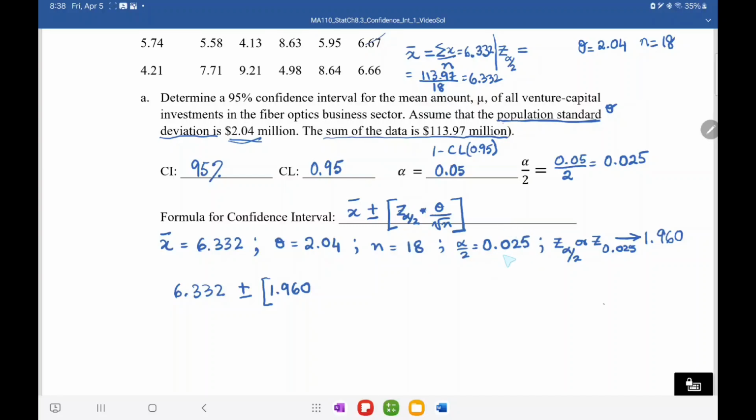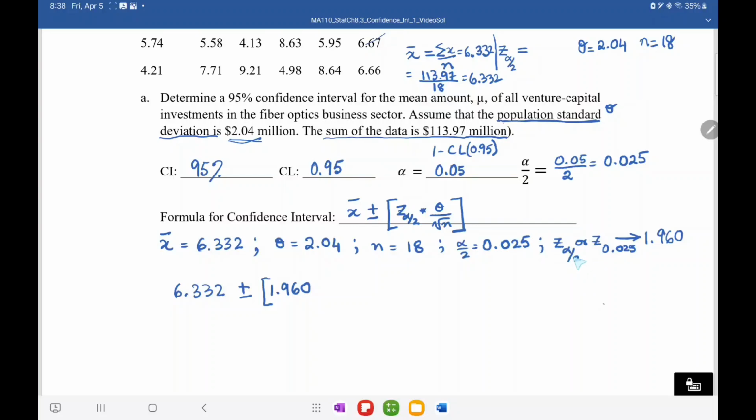Please note that the formula has z of alpha by 2 and not just alpha by 2. If you're using 0.025, then you will get a completely wrong answer. You're not plugging in the right value. This is a very common mistake, and that's why I wanted to mention that. Do not make that mistake. It has to be z of alpha by 2.